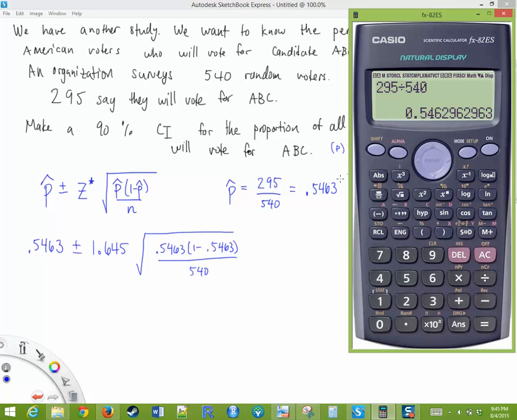I already have this 0.5463 in my calculator. So to get this part, I'm going to just do answer, because that's essentially 0.5463 times, parentheses 1 minus the answer, divided by 540. That gives me the part inside the square root. I'm going to take the square root of that, and I get 0.0214.